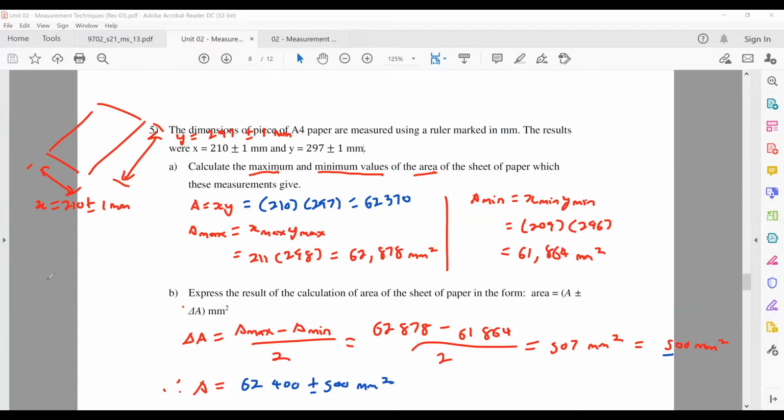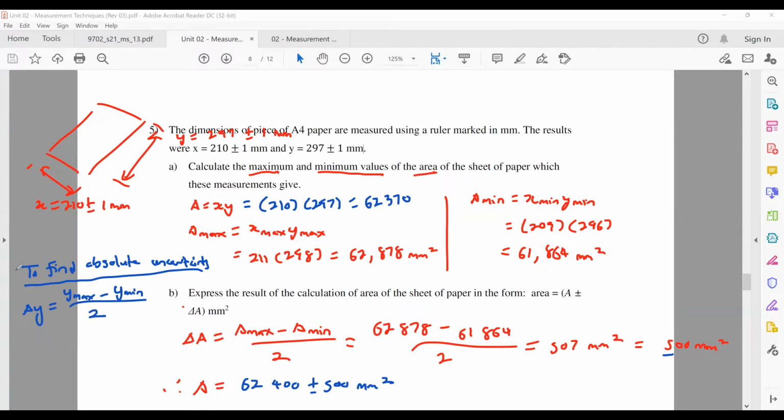Now, in general, to find the absolute uncertainty of something, let's just say the absolute uncertainty of Y or some value, you can just find Y max minus Y min divided by 2.